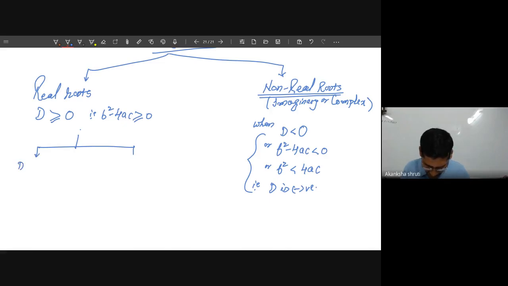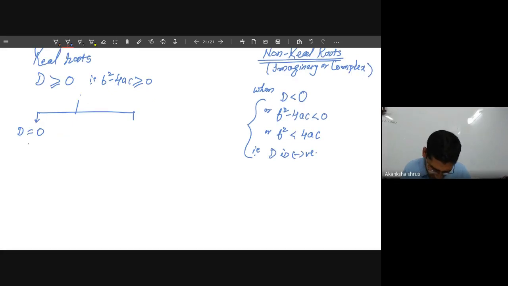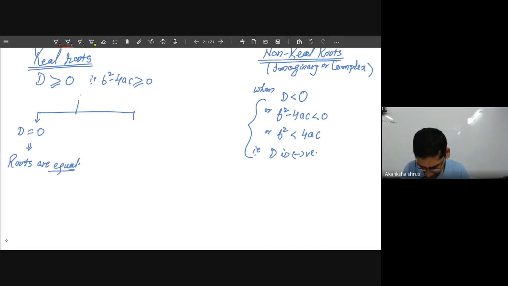Say D is equal to 0. Okay, if D is equal to 0, what does it mean? Roots are equal, but they are also real. It is already mentioned here. It is the classification of real root. It means roots are equal.